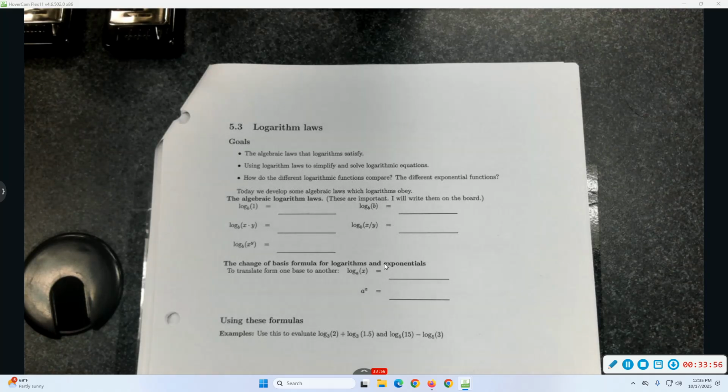How could you rewrite that? So what's the takeaway here? If you add numbers together inside of the exponent, that's the same as multiplying the exponents together.